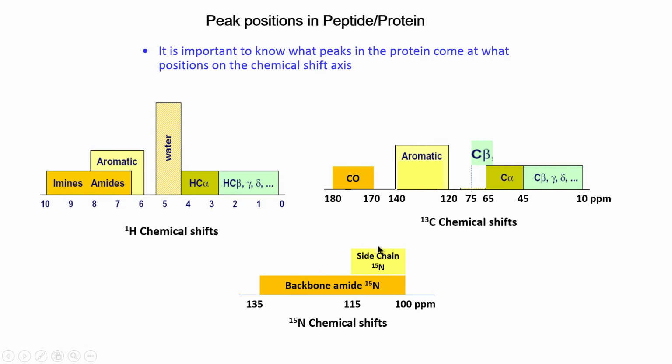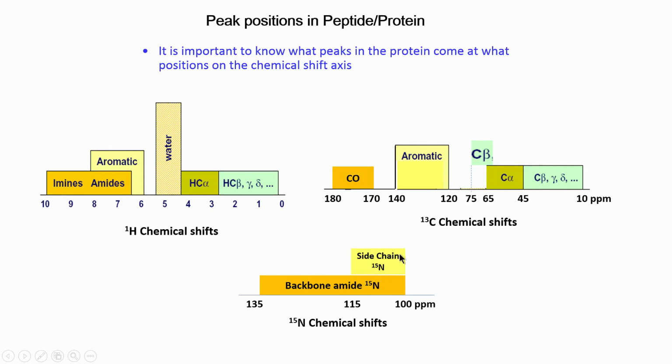Now, remember also asparagine and glutamine side chains also contain amide CO and NH2 groups. So, the amide hydrogens of asparagine and glutamine side chains will come in this zone between 100 and 115 ppm. They come at the right hand side top of HSQC.